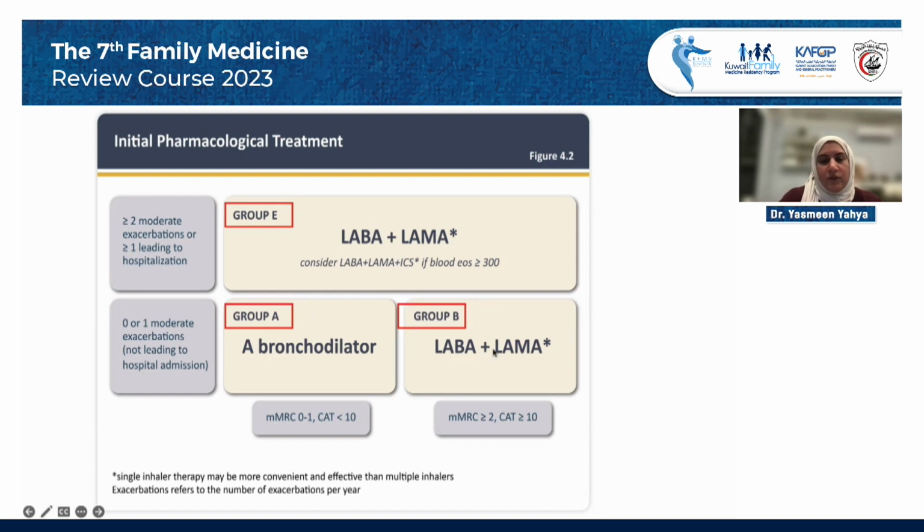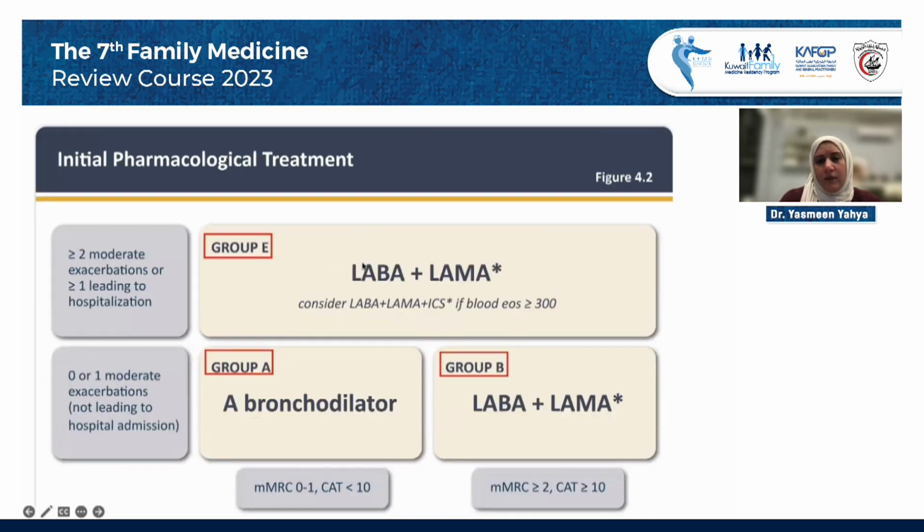And of course, LABA alone is not available in primary care. We only have LAMA. And in group E, those who have a lot of exacerbations, the advice is LABA and LAMA, and you might add ICS if the blood eosinophils is more than 100. Because we have LABA and ICS inhalers, we can add the ICS here.